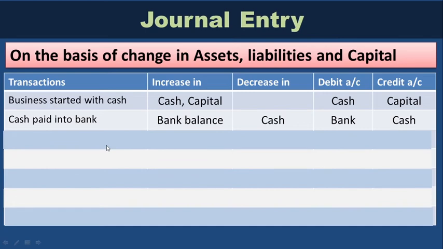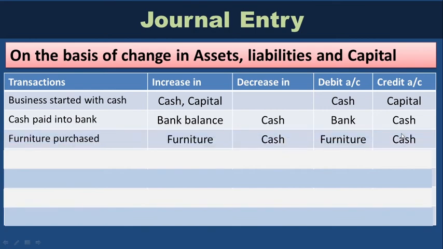The next example, cash paid into bank. By this example, bank balance increases and cash decreases. Bank account increases, so bank is debited. Cash account decreases, so cash is credited. Furniture purchase: furniture is increasing in the business and cash is decreasing. Furniture is increasing, so furniture is debited.